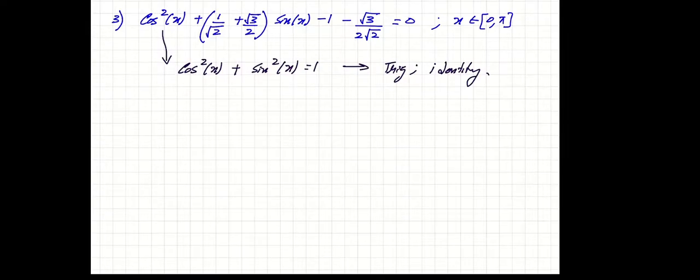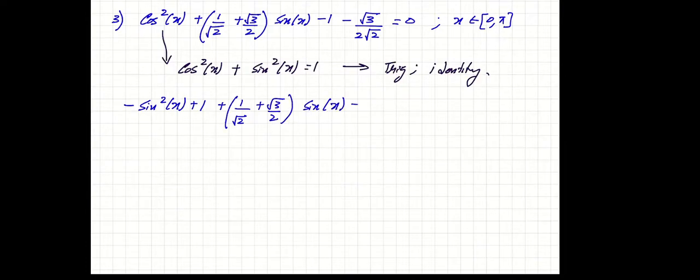So cos squared x can be converted into sin squared by using this trig identity. So cos squared x is equal to minus sin squared x plus 1. So this plus, I have to copy this: sin x minus 1 minus square root 3 divided by 2 square root 2 is equal to 0.